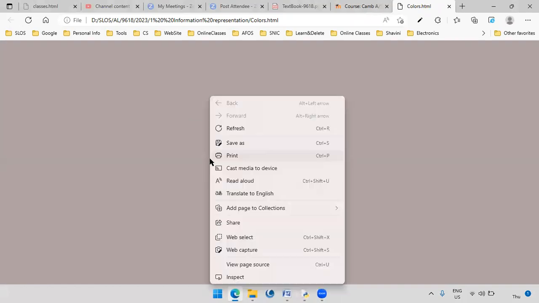You can check the source code of any web page like this: right mouse click, then view source.